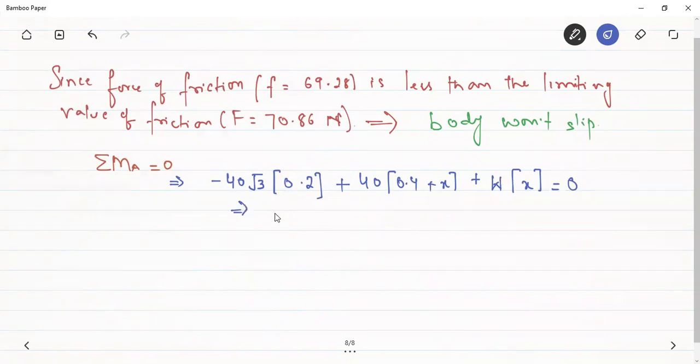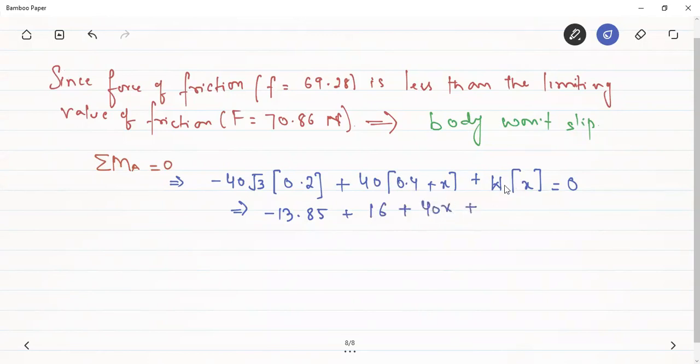this will be equal to minus 13.85, and this will be equal to 16x. 40 into 0.4 is 16, plus 40 into x, that is 40x.